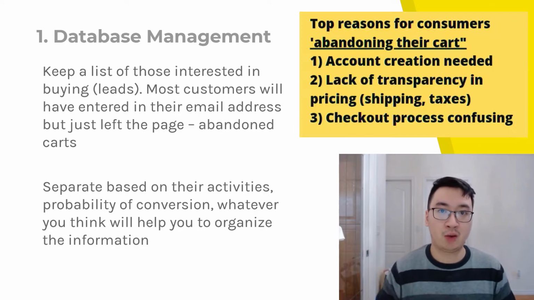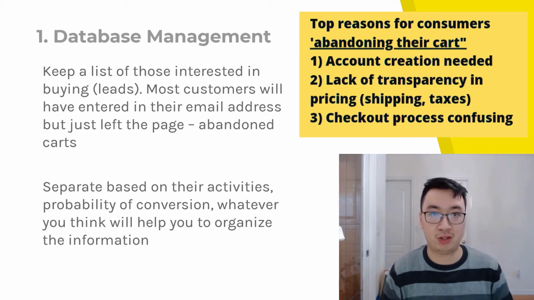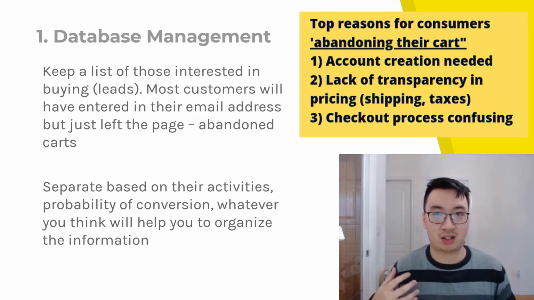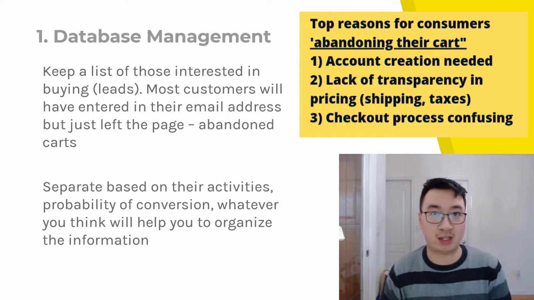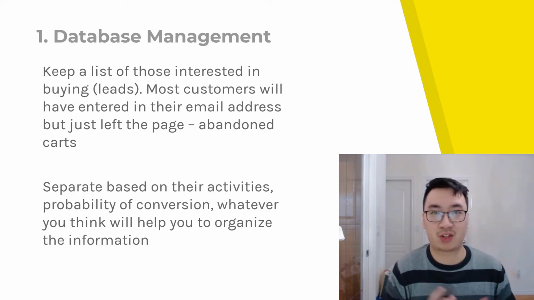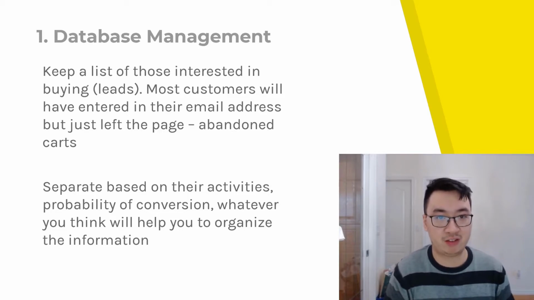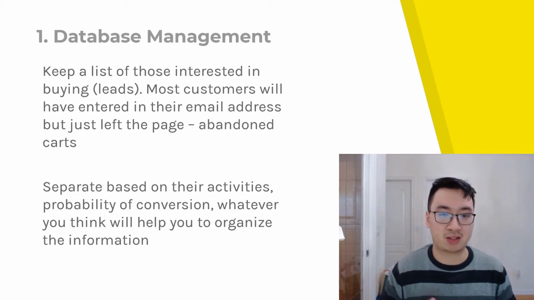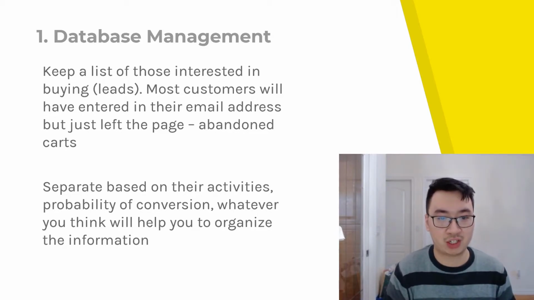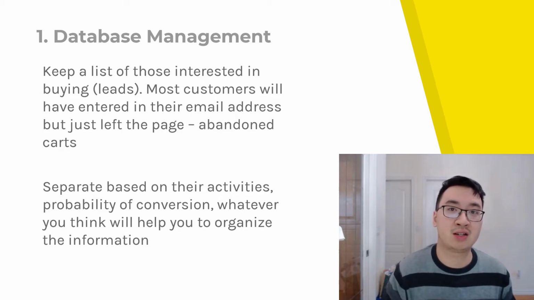Now, Shopify will have a list of these individuals, so it's really important that you manage or you have some sort of mechanism that you keep an eye on these leads so that you can contact them in the future to try to increase your sales. Because these are people that have almost purchased, but for some reason, maybe the price was too expensive or shipping was too expensive and they just left the page. So you can organize these leads based on activities, profitability of conversion, or whatever you feel is the best that's going to help you to organize this information.